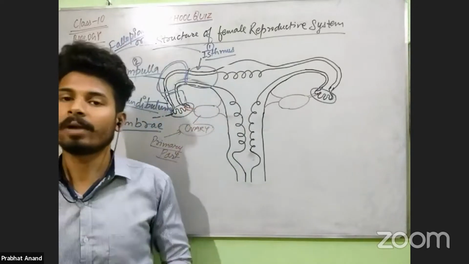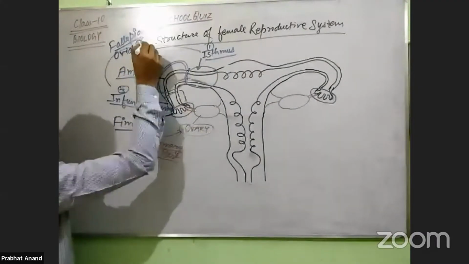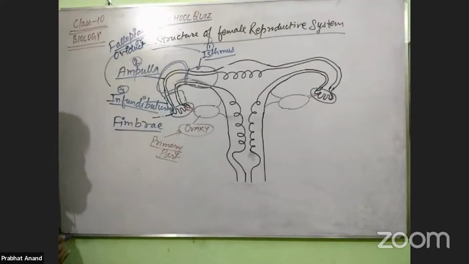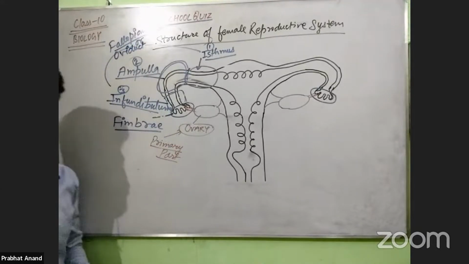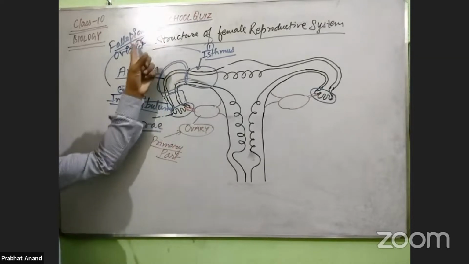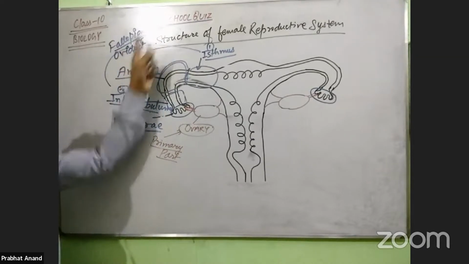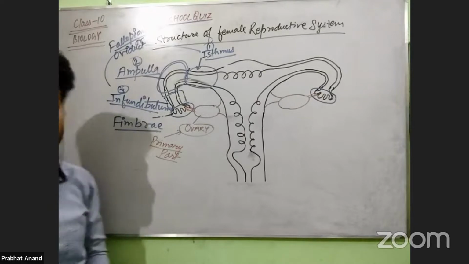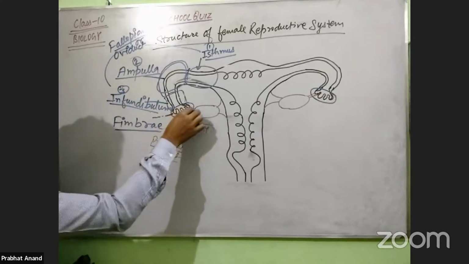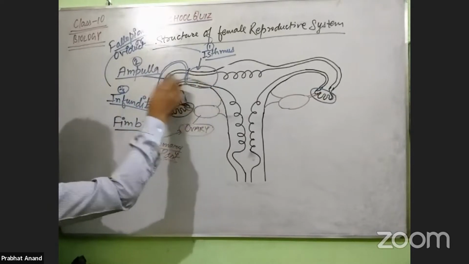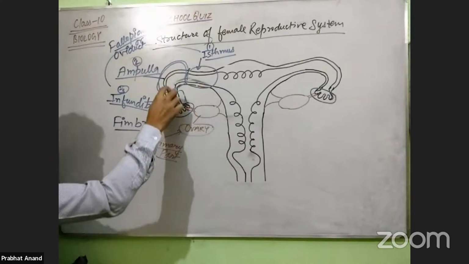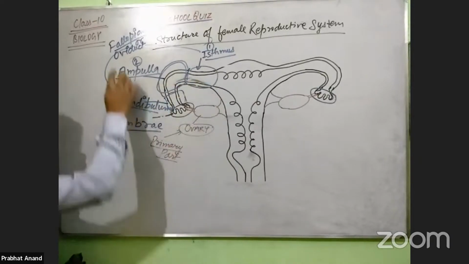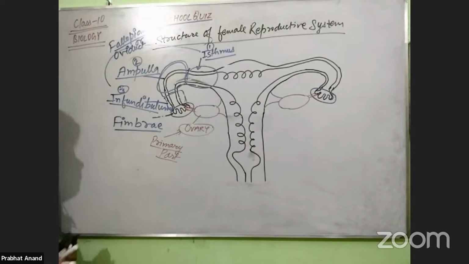In the same way, the fallopian tube is called the oviduct. Since the ovum goes into the fallopian tube, we use the word oviduct.